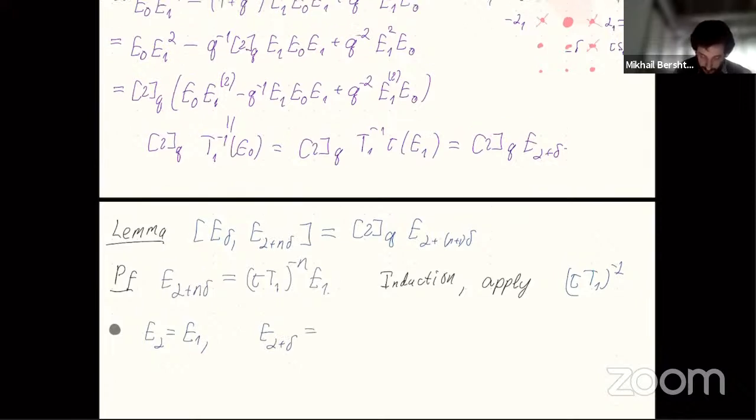Maybe I rewrite the formula. So it will be E0, E1, 2 minus Q inverse E0, E1, E1 plus Q inverse E1, 2, E0.